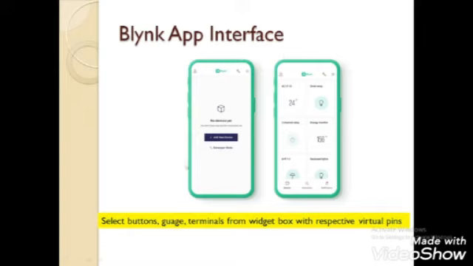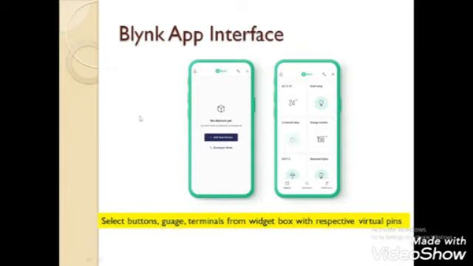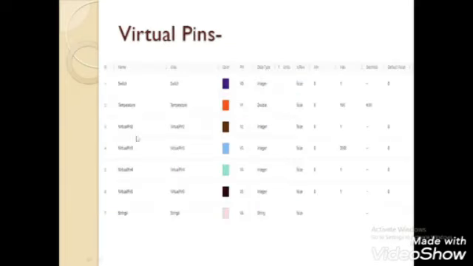Before that, we will configure our Blink app on our mobile. Select buttons, gauge, terminals from widget box with respective virtual pins we will be selecting. So temperature sensor is giving values to Arduino Uno, and that value we are giving to Ethernet shield via virtual pin 1. From the previous slide we can see that virtual pin 1 is temperature.